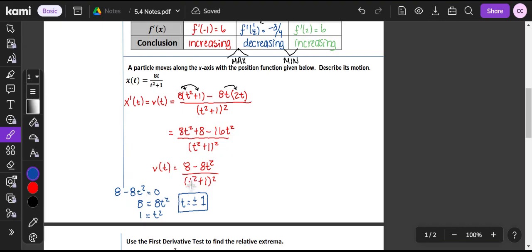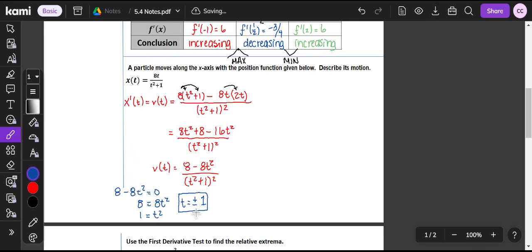So if this one is undefined, and the denominator basically matches the original, then wherever those undefined points are on the velocity, they're also going to be undefined on the position, which means the particle can't move to those points. So I'm actually going to ignore the undefined part, and I'm just going to say plus or minus 1 is my critical point.